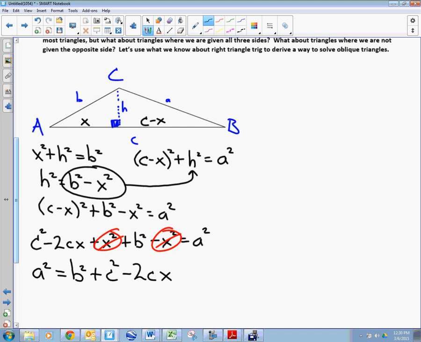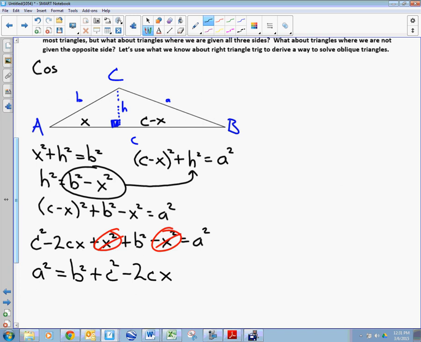I need to look at my original drawing. Hint, this is the law of cosines. Opposite over adjacent will give me tangent. Opposite over hypotenuse will give me sine.